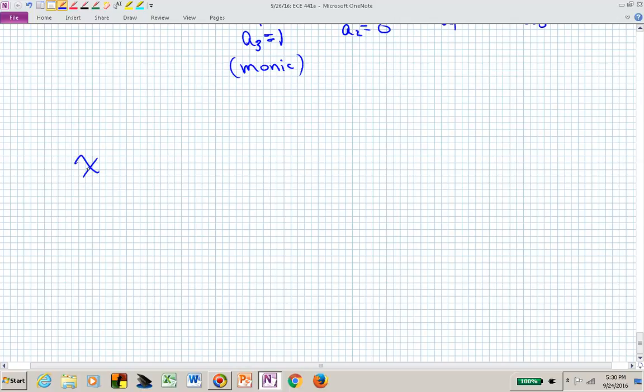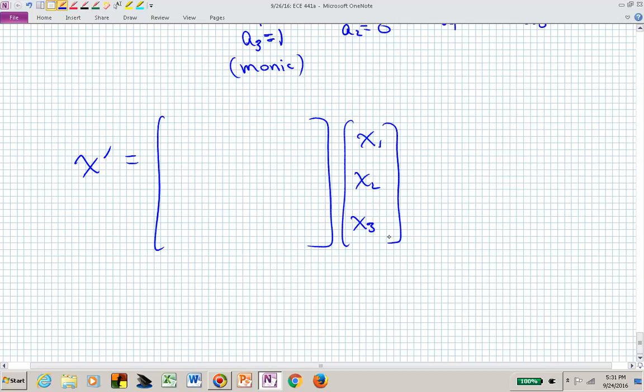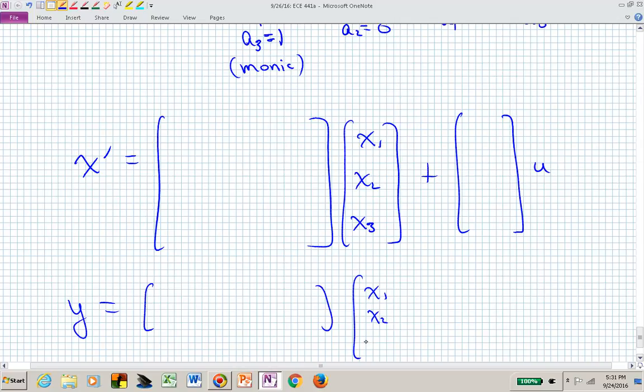It's now a third order. Our state vector is x1, x2, and x sub 3, which is differentiated one time on the left, and I just labeled it as x prime, plus our input matrix times u. Y is now this row vector times our state vector, x1, x2, x3, plus a direct feed-through matrix 0.